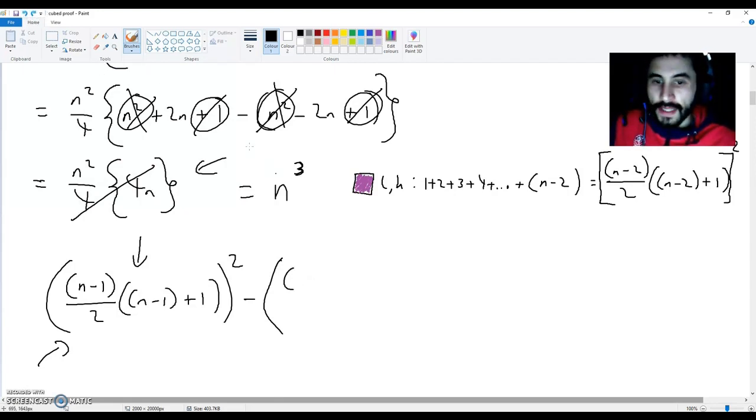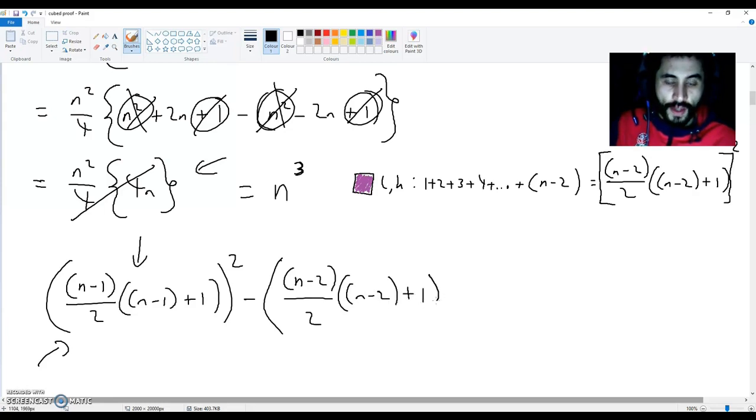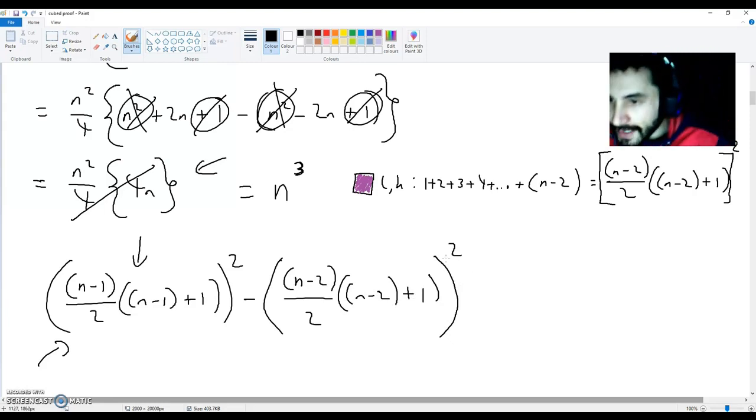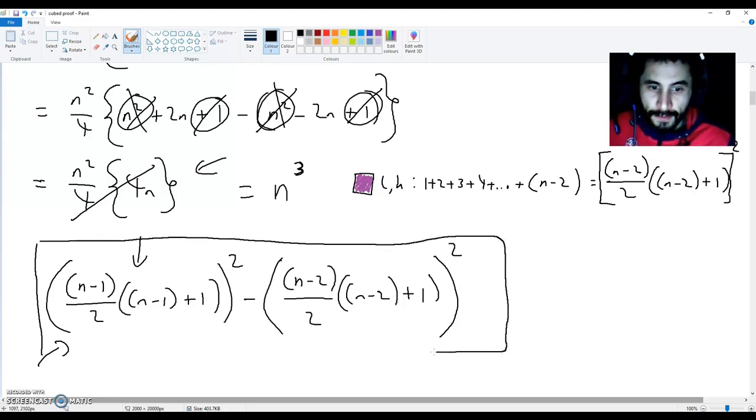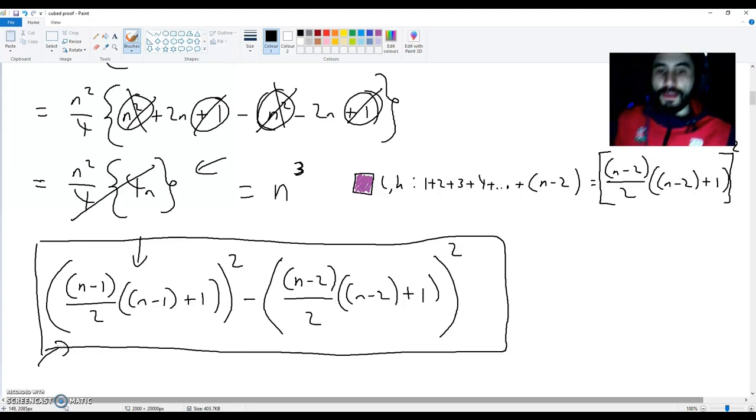Let me just make this clearer. (n-2)/2 multiplied by (n-2 plus 1), okay, all in brackets, squared. This expression over here is going to be equal to the area shaded in brown.